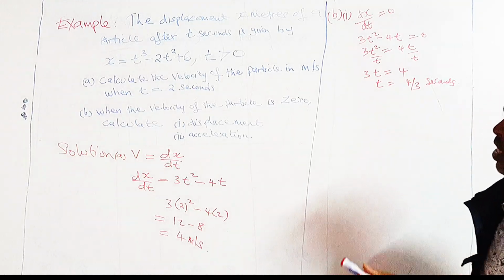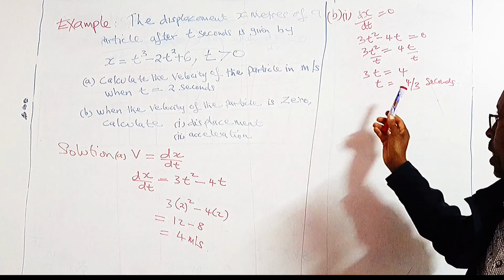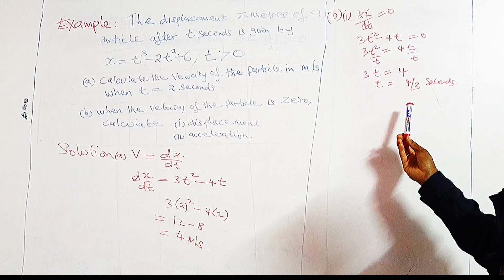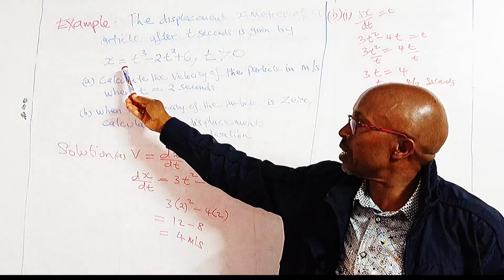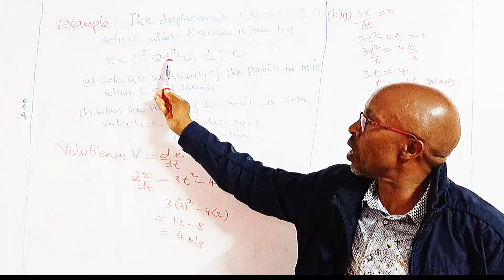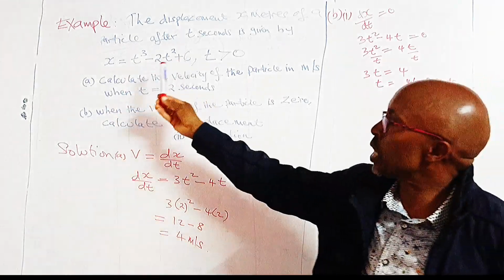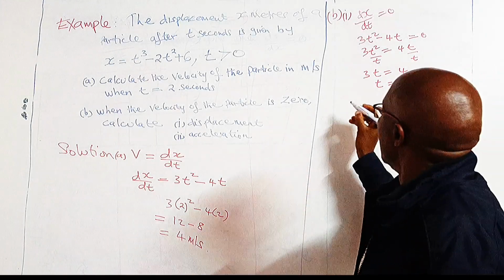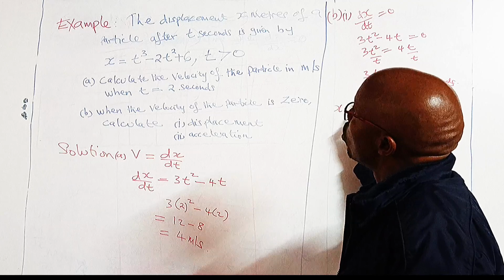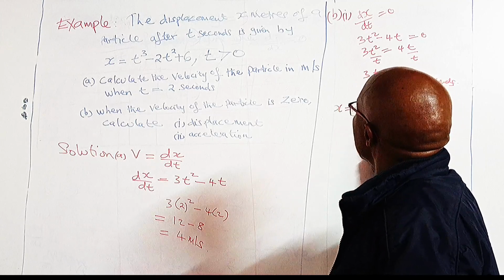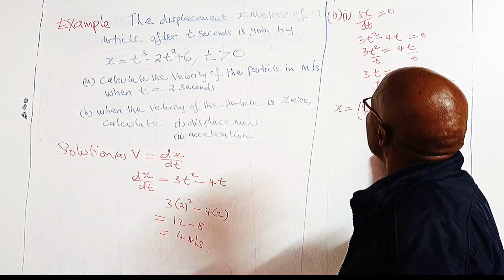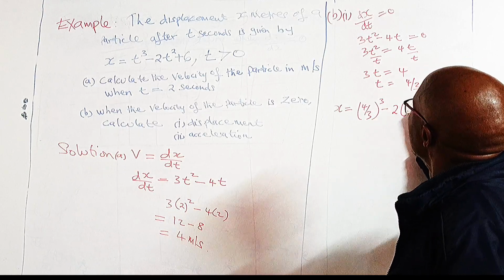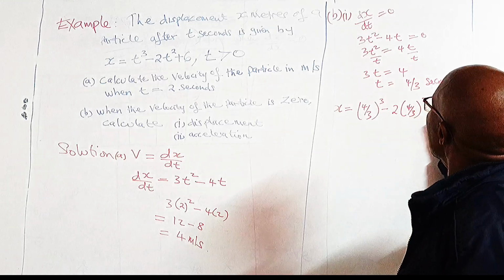So we want to find the displacement when t is equal to 4 over 3 seconds. And our displacement function is x is equal to t cubed minus 2t squared plus 6t. So we substitute our t in this displacement function. So we'll have x is equal to (4/3) cubed minus 2 into (4/3) squared plus 6.